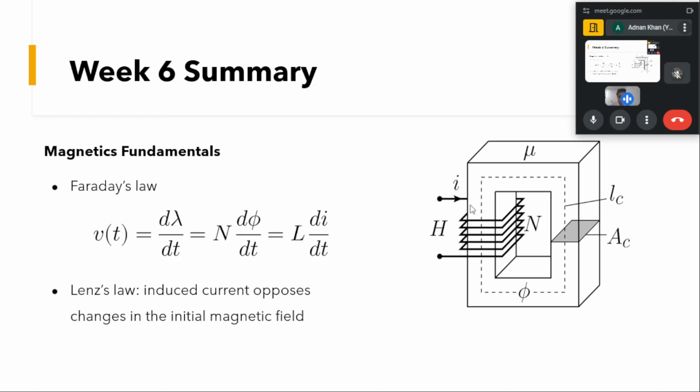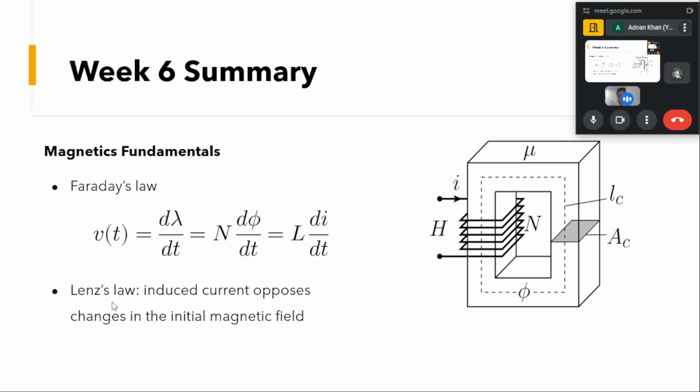So this EMF will induce a current, and as you have already seen during your courses in higher secondary or in your BTech, you might have seen Lenz's law. The direction of the current will be such that it will generate its own flux that will oppose the magnetic field that initially generated this flux.